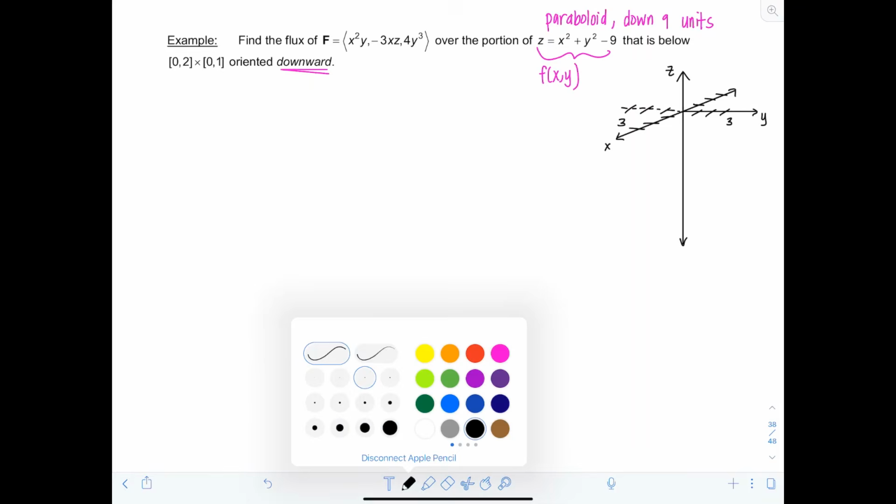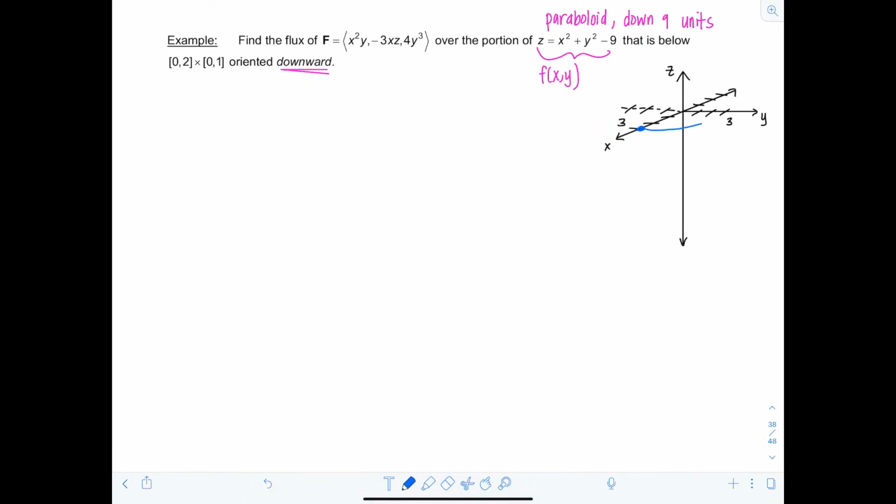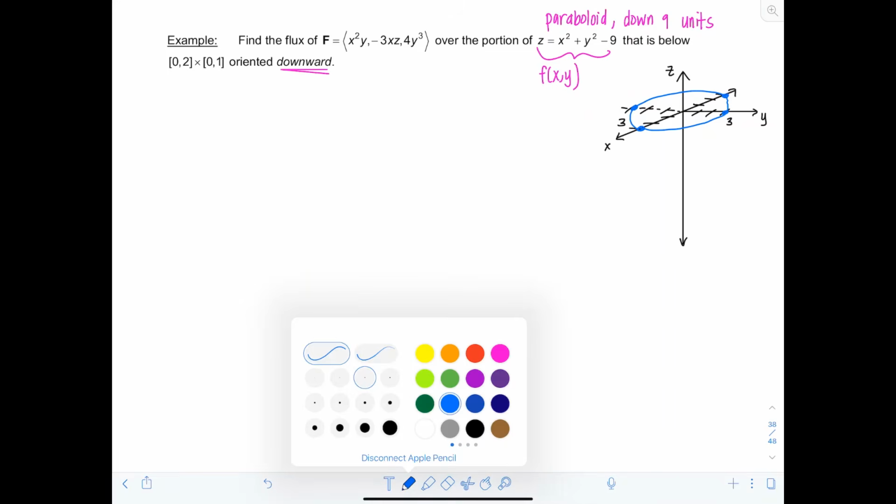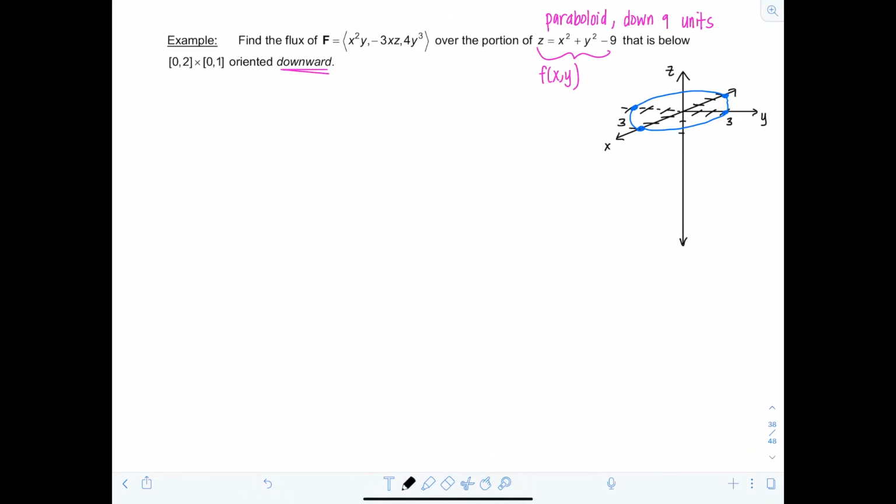Okay, so we've got this circle here. And then it's been shifted down 9 units, so that's where the vertex is going to be. 1, 2, 3, 4, 5, 6, 7, 8, 9. Something like that. So they want us to figure out what the flux is.